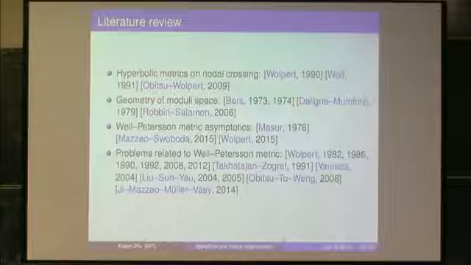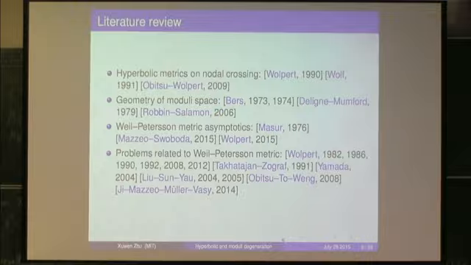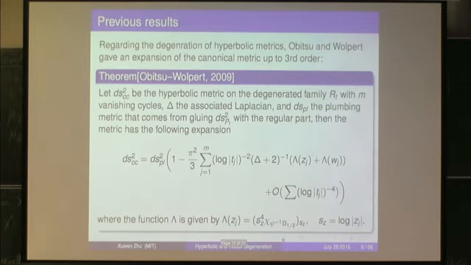Okay, so after talking about this whole literature review, let me go to the first topic, which is the hyperbolic metric. Let's now focus on the case where a curve degenerates into a singular curve. So we want to know what the behavior of the hyperbolic metric is.